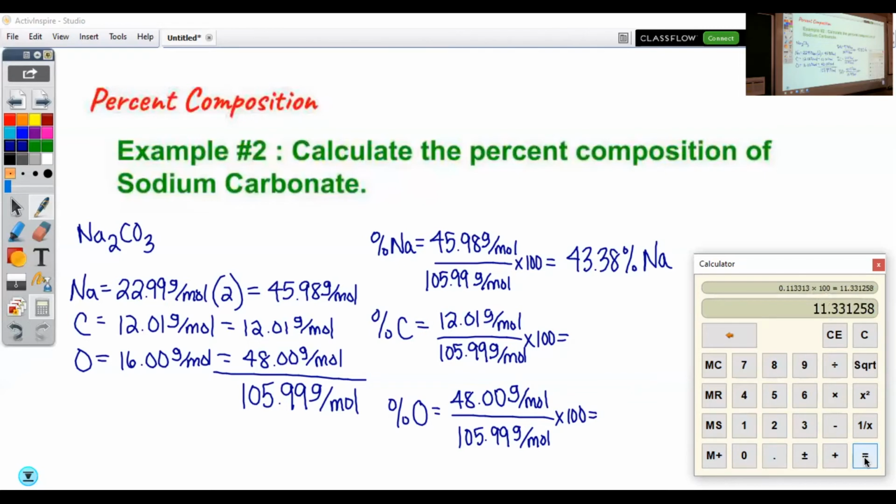And I get 11.33% carbon, and finally 48 divided by 105.99 times 100 equals 45.29%.